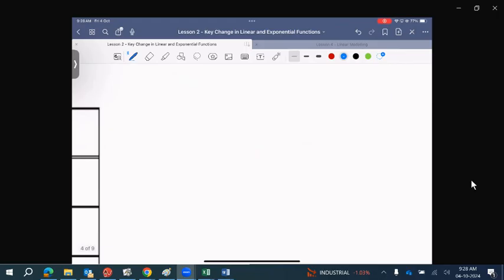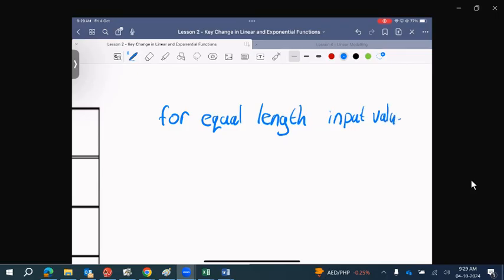So what was the phrasing? For equal length input value intervals. When I say learn to use this exact phrasing, if you don't learn to use this exact phrasing, that will be bad.